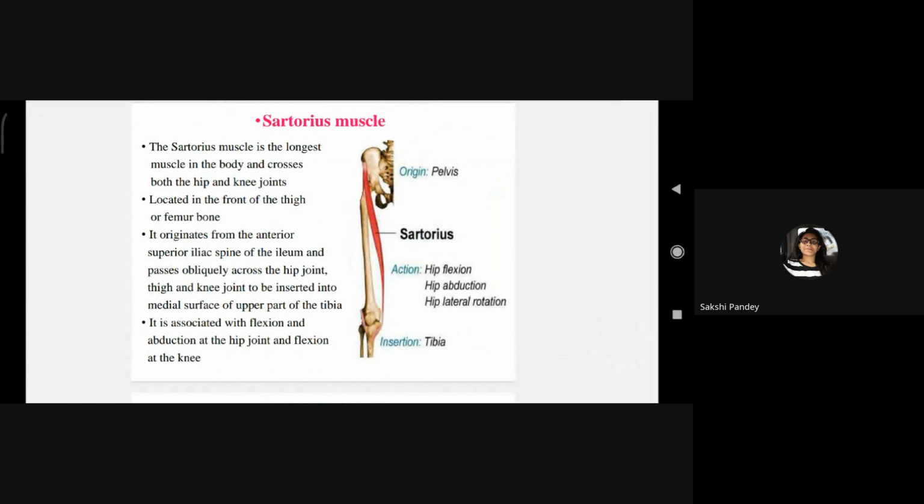So, it is located in front of thigh or femur bone, and this muscle is being twisted. Means if you see the origin and insertion, you will get the answer. It originates from the anterior superior iliac spine of ilium and passes obliquely across the hip joint.